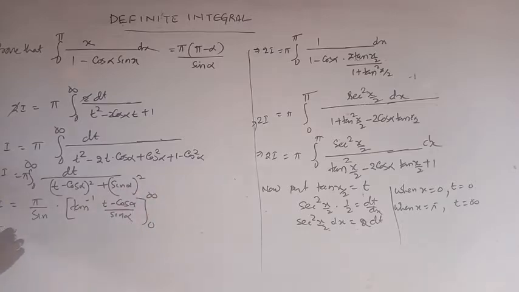That is, I is equal to pi by sin alpha. If t is equal to infinity, then tan inverse infinity is equal to pi by 2.